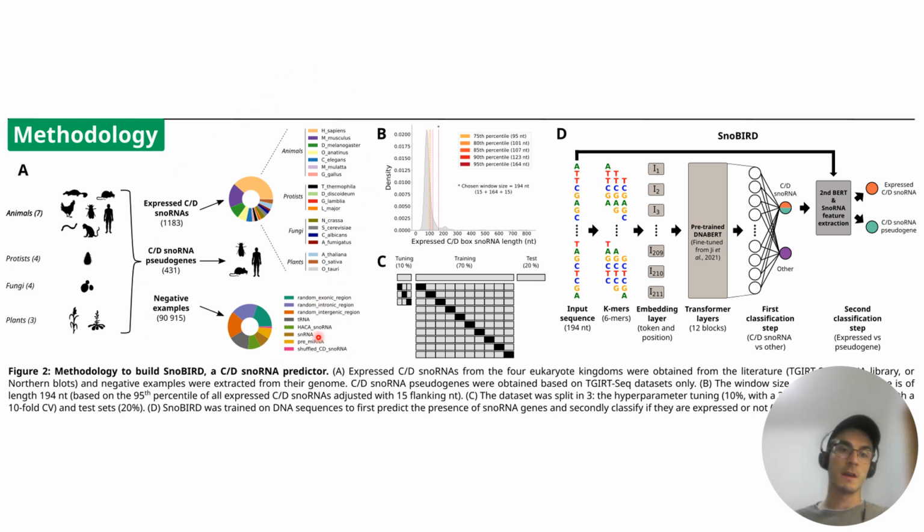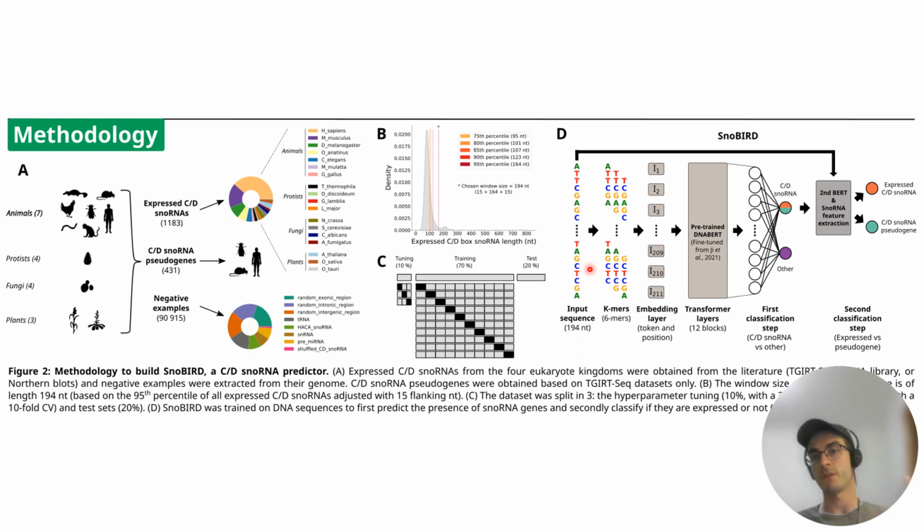So I collected these data from RNA-seq datasets across all eukaryote kingdoms, so animals, protists, fungi, and plants. And all of these examples were selected based on the sequence only of the snoRNA.